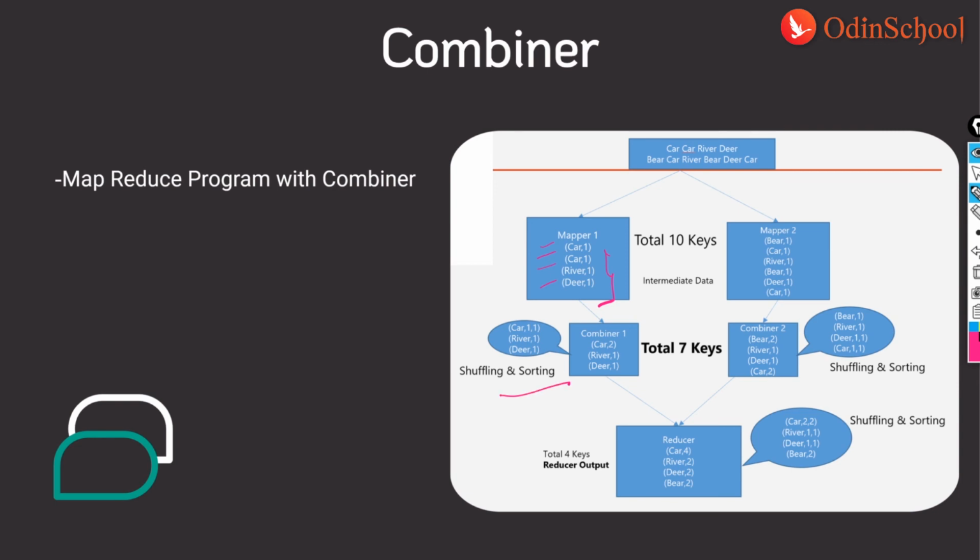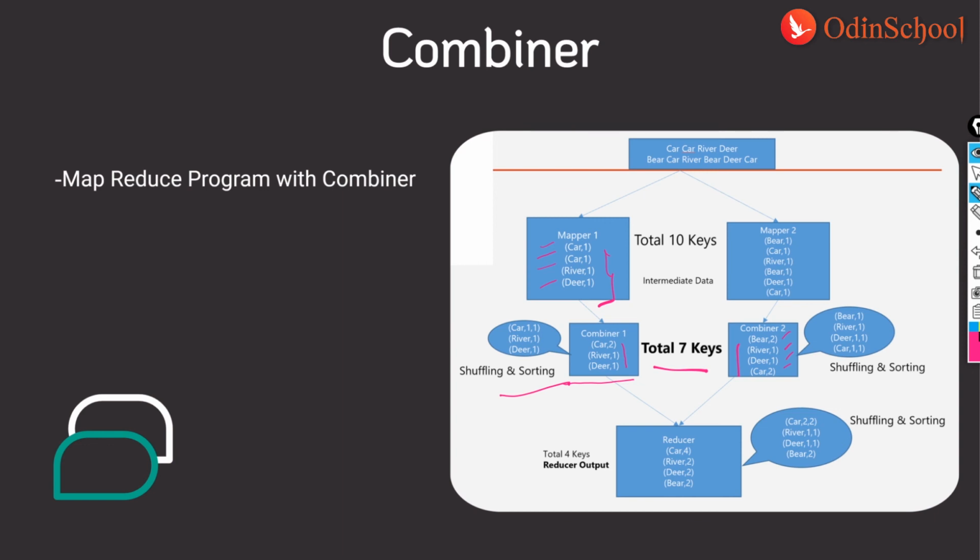Then comes shuffling and sorting. Mapper 2 does the same: bear comma 2, river comma 1, deer comma 1, and car comma 2. Now, with 3 key values from one and 4 from the other, only a total of 7 keys would be transferred over the network.